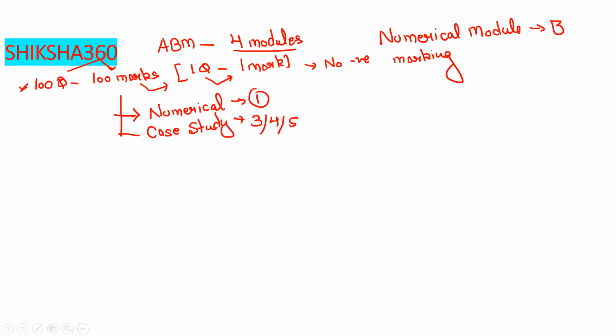There is no such condition that a case study is always of 5 marks. Next, they will also ask theoretical questions. So numerical, case study, and theoretical questions are the main criteria they will ask in the examination.